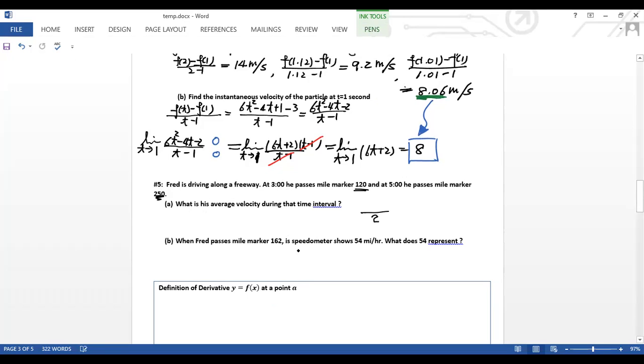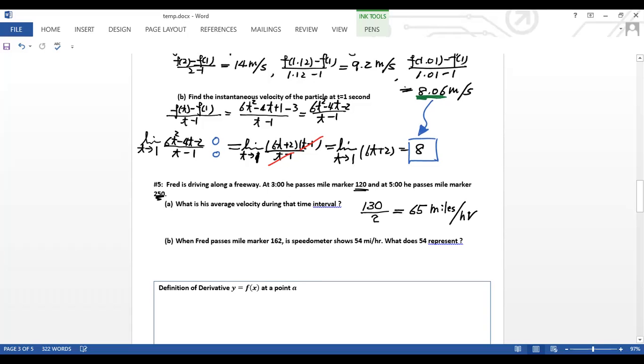At 3 o'clock it is mile mark 120, and now at 5 it is 250. So over these 2 hours, how many miles did Fred drive? 130 miles, right? So this is 65 miles per hour.